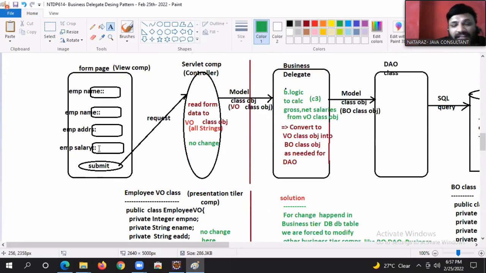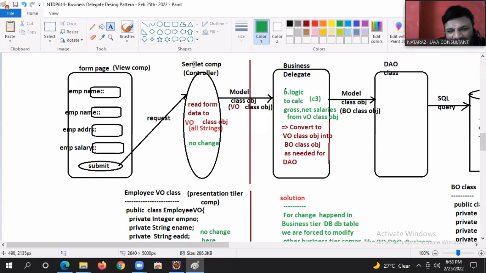One more angle, guys. All of a sudden, earlier he had collected salary as integer. Okay, no problem, string only. Integer stored into string. Now he started collecting in the form of double value, as a string.